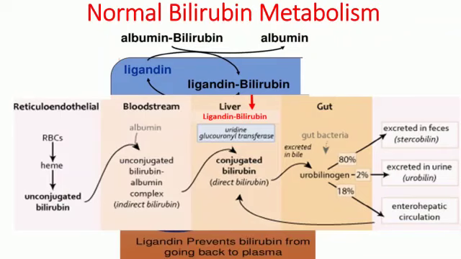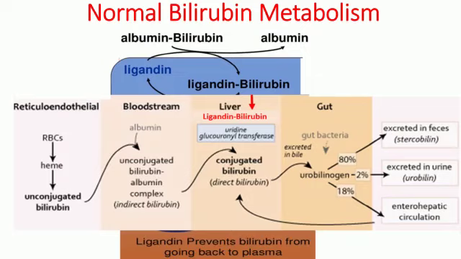Now this is the slide which will tell you about the normal metabolism of bilirubin. As you can see here, in the reticuloendothelial cells, the RBCs first break down into heme. Heme further undergoes various reactions and forms unconjugated bilirubin. This unconjugated bilirubin is insoluble in aqueous medium and is also known as indirect bilirubin.